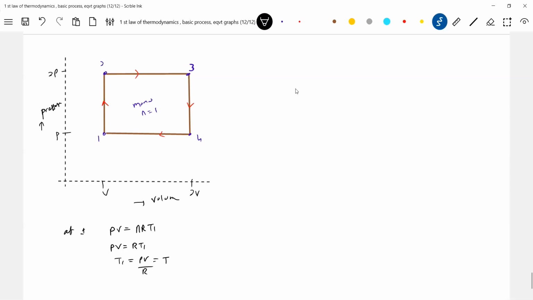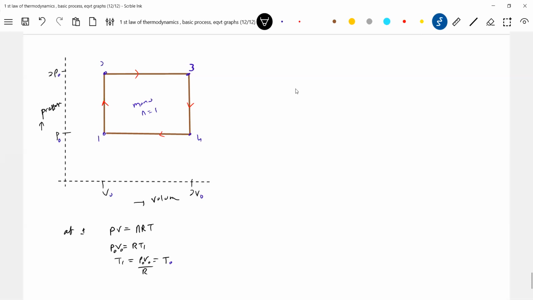We'll call this T naught. Here the pressure is P naught, the volume V naught, so T1 we'll call T naught.